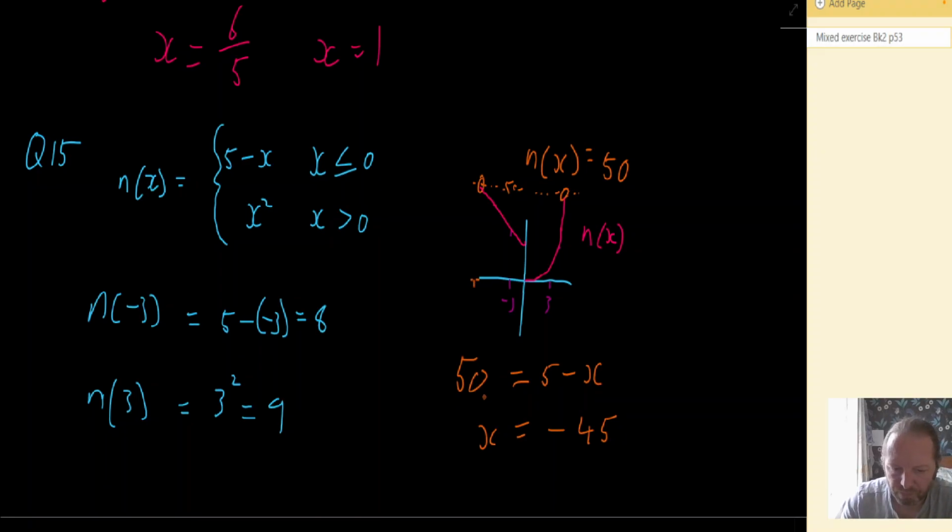Now let's do it again for the x squared. So we are going to have 50 equals x squared.